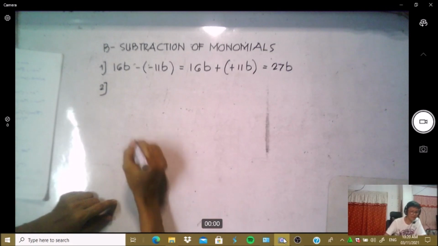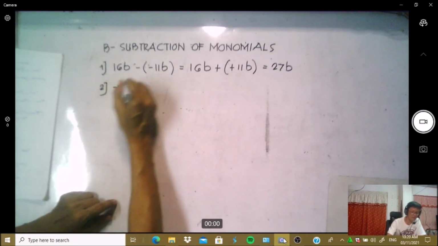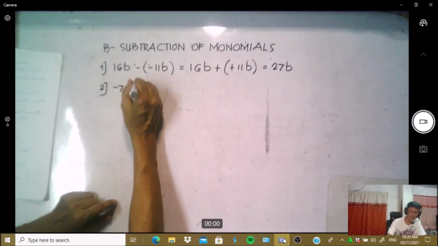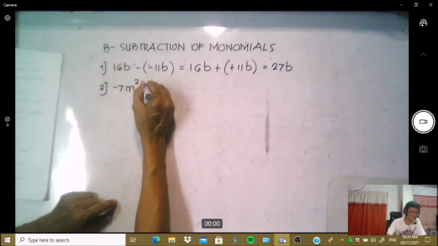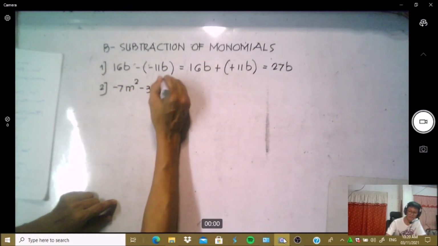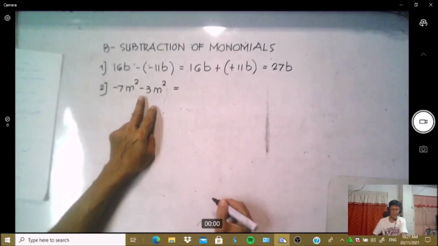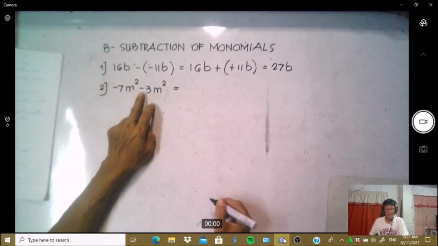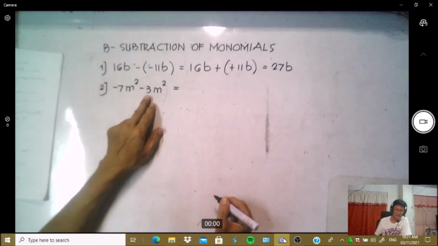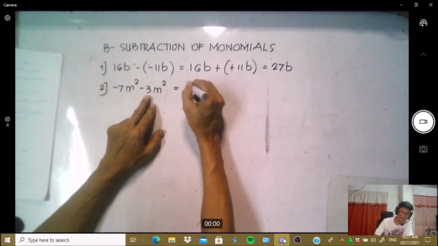For number 2, we have negative 7m squared minus 3m squared. Okay? So since we have a minus and the sign of 3 is positive, we can write it this way.